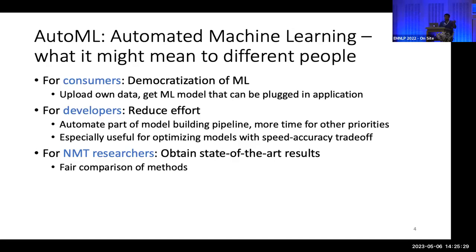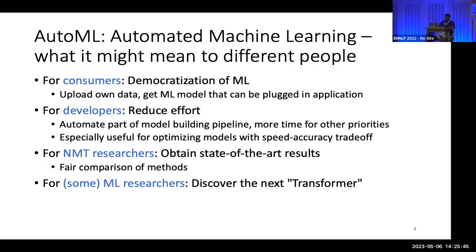And we tend to work really hard, manually tuning our own method, and then don't have enough time for the baseline method. But if we have an AutoML tool, that will make it easier to do it in a fair fashion.